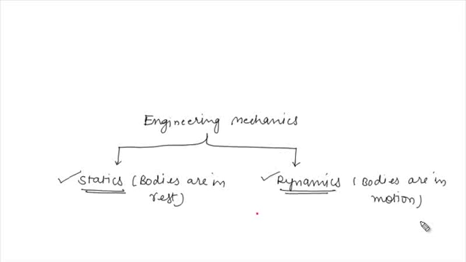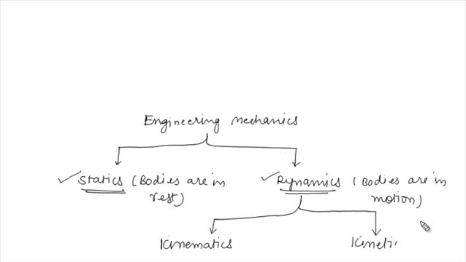On that basis, we can further divide dynamics into two parts, that is kinematics and kinetics. In kinematics, we do not consider forces or couples which are responsible for motion.